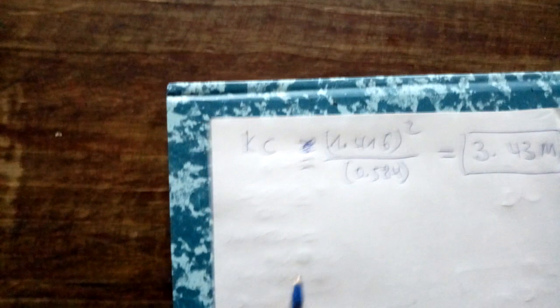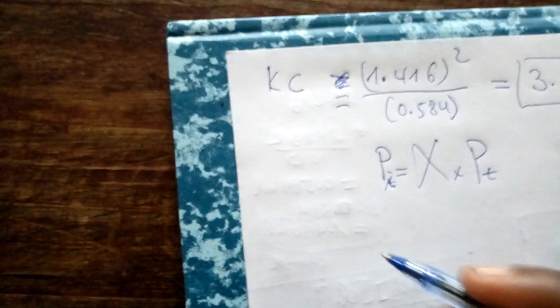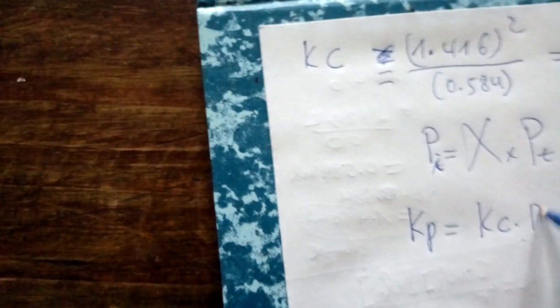By using the relation between partial pressure and molar concentration, we know that partial pressure is equal to the mole fraction times the total pressure. Then by using the formula, we know that Kp is equal to Kc times RT to the power delta n.